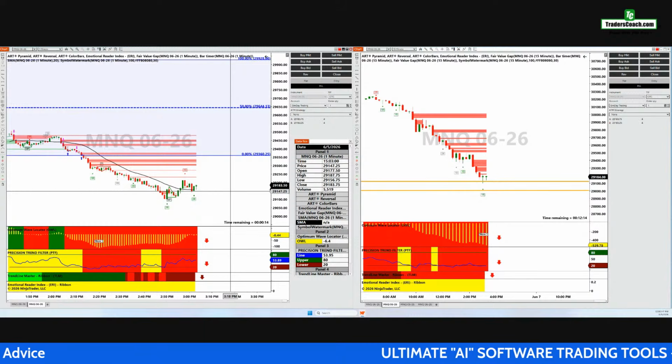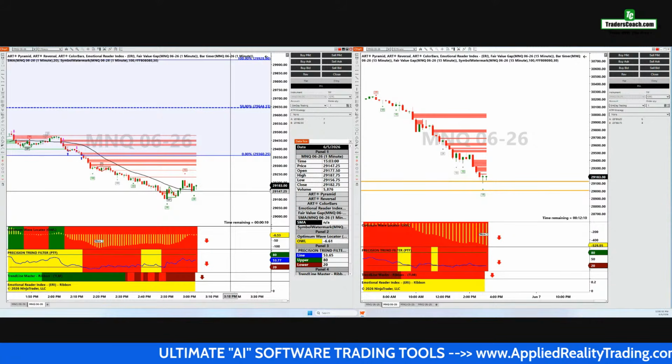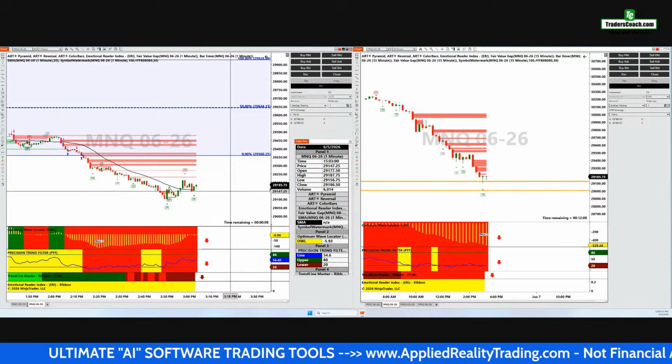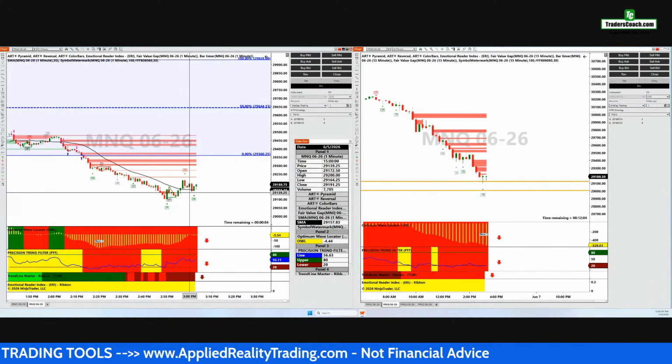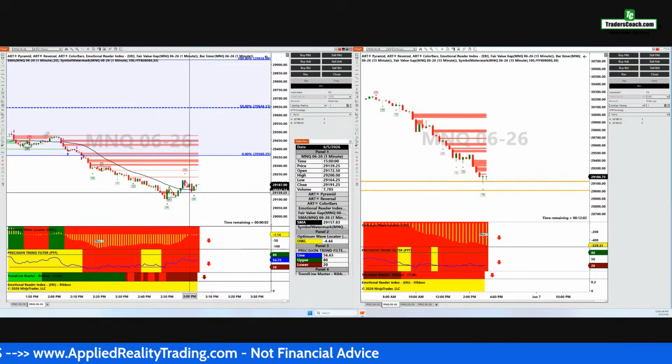Okay, getting a little bounce off that 50% encroachment. But this bullish fair value gap, disrespected for the most part. So I'm just not, now we're getting another pyramid here.